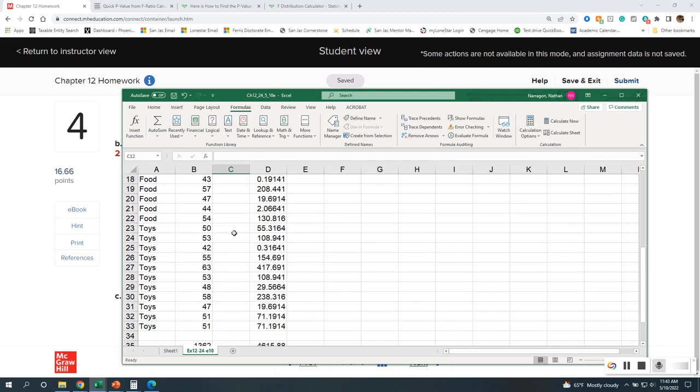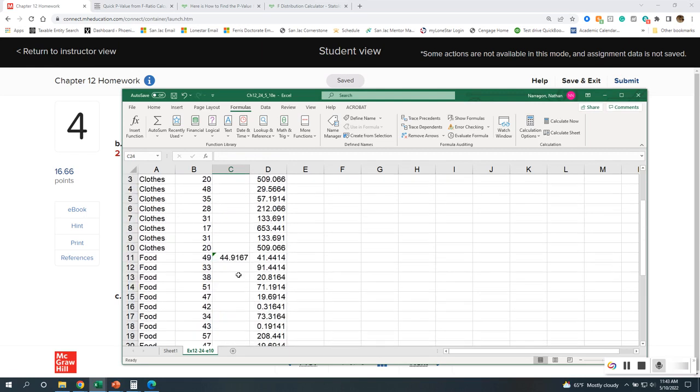Okay, and then last, the toys. 1, 2, 3, 4, 5, 6, 7, 8, 9, 10, 11. Okay, so there's our sums, or basically our means.